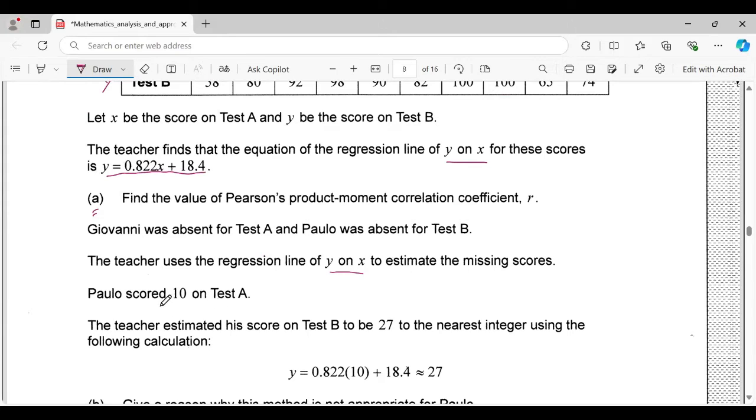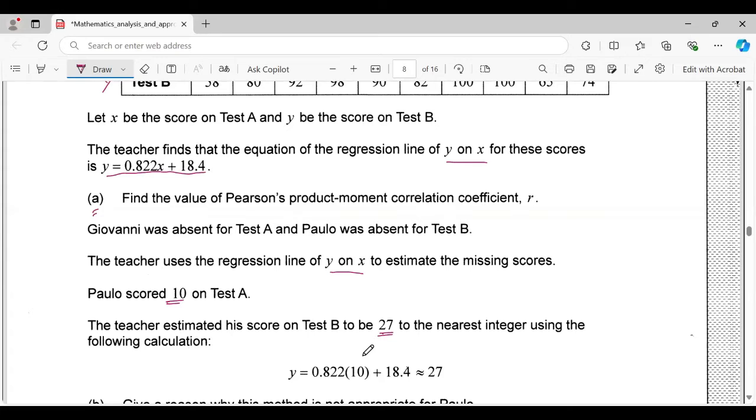So Paulo has a score on test A, and his score is 10. And the teacher estimated the Paulo score on test B is 27. Okay. Teacher estimated that.